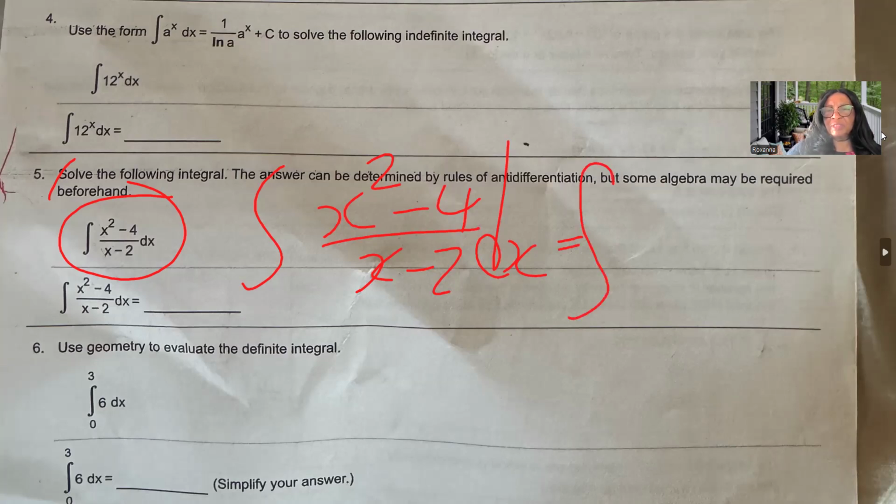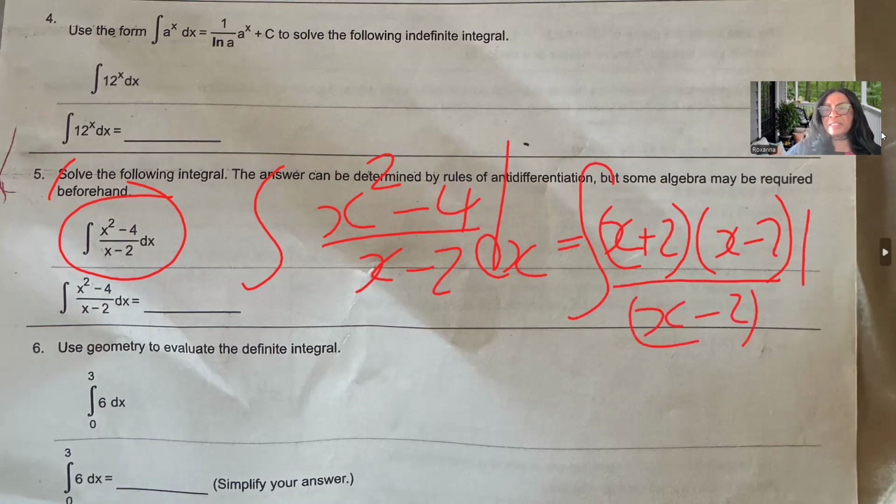The numerator can be written as x plus 2 multiplied by x minus 2, since it is a difference of 2 squares, all over x minus 2 dx. So this first expansion gives you some points.